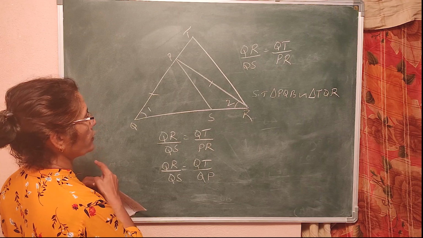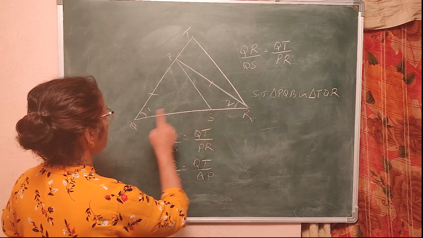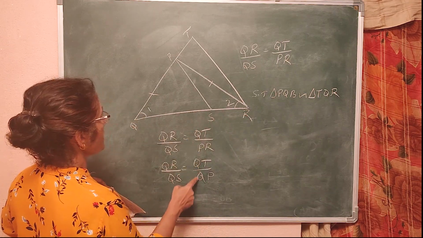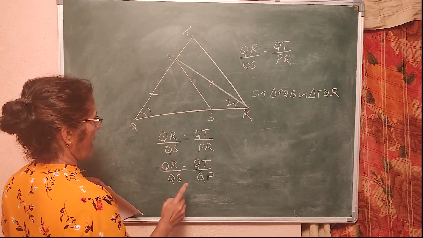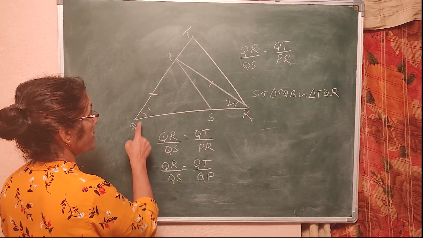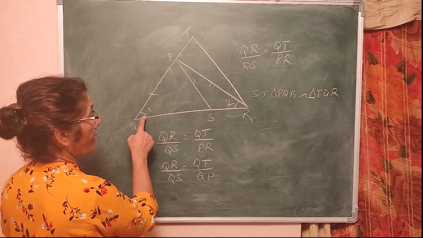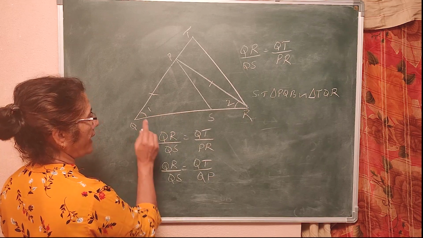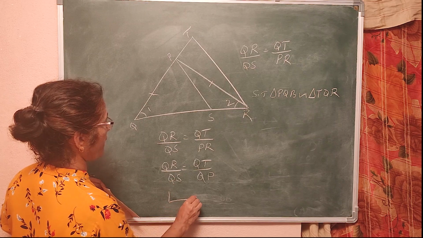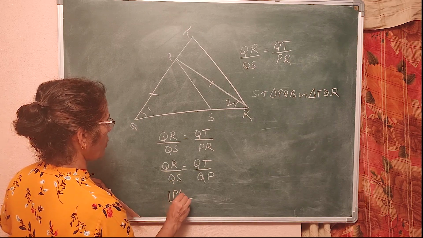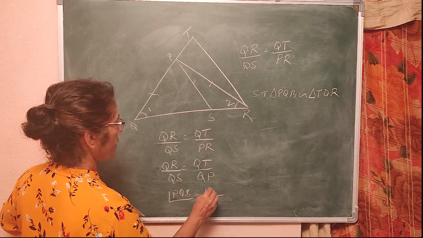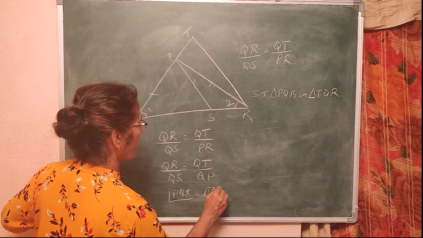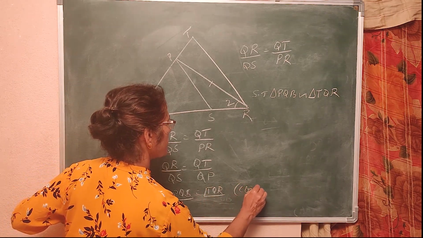Look at that now. QR by QS is equal to QT by QP, and when the sides are proportional and the included angle is equal, I can say angle PQS is equal to angle PQR by common angle.